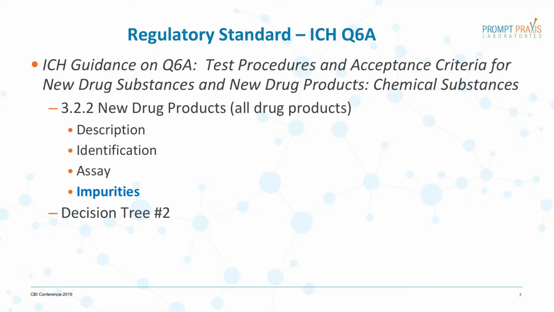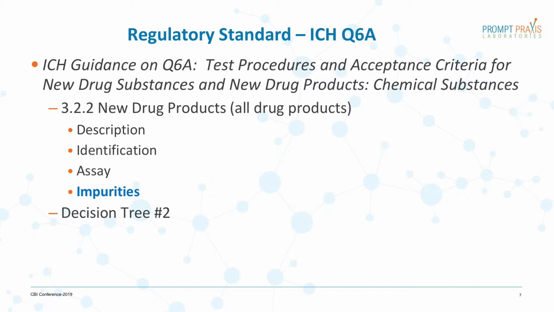If you go to this Q6A guidance, it provides a framework for what sorts of properties and attributes specifications should be developed according to: description, identification, assay, and impurities.